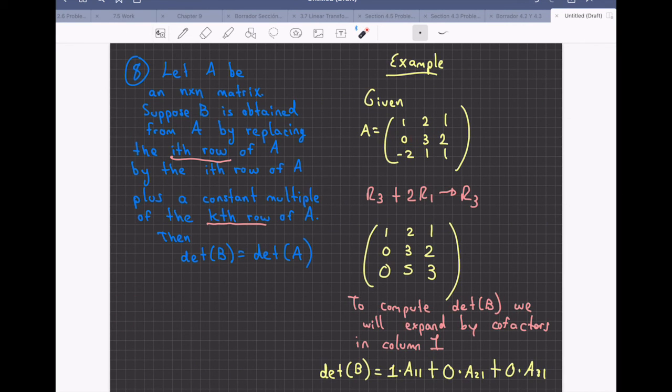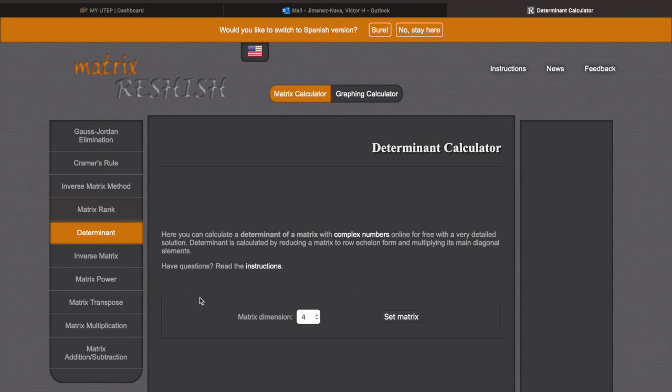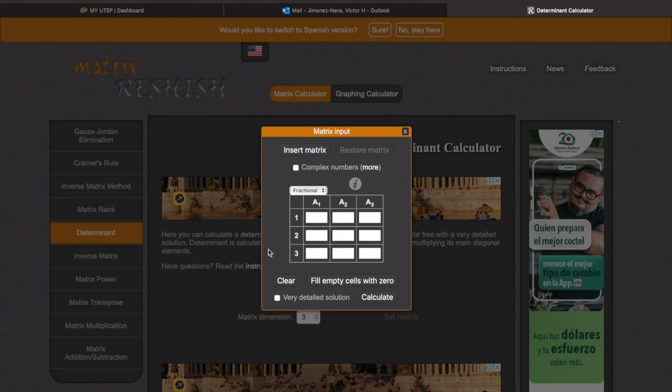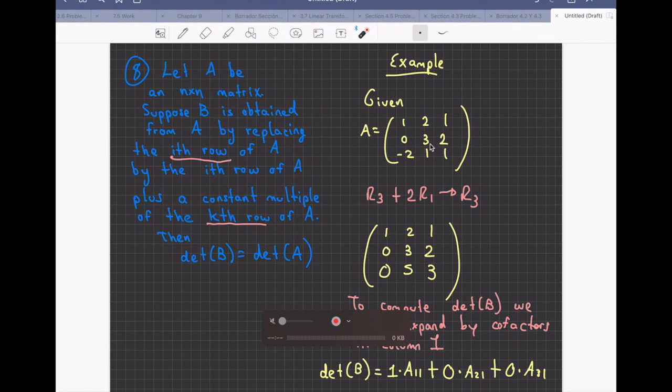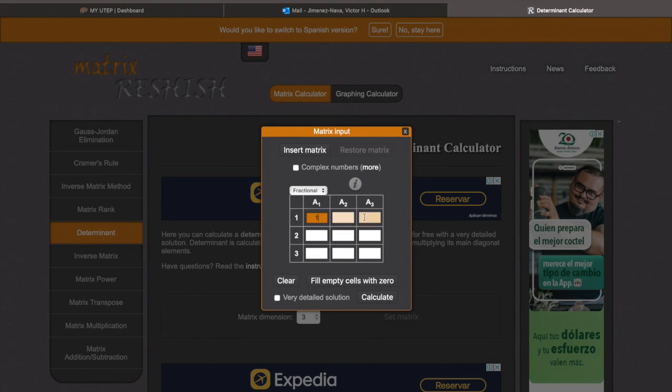We can compute it by hand, or we can use the calculator to verify that. So once more, let me use this calculator. Dimension 3 by 3. Set the matrix. The entries, I'm going to use the matrix A: 1, 2, 1, 0, 3, 2, negative 2, 1, and 1.